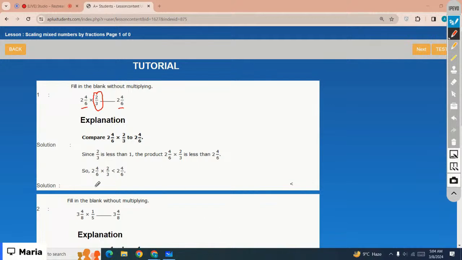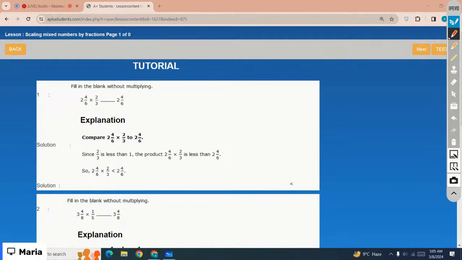So that means 2 whole 4 by 6 times 2 by 3 is less than 2 whole 4 by 6. So that's why 2 whole 4 by 6 times 2 by 3 is less than 2 whole 4 by 6. Got it?